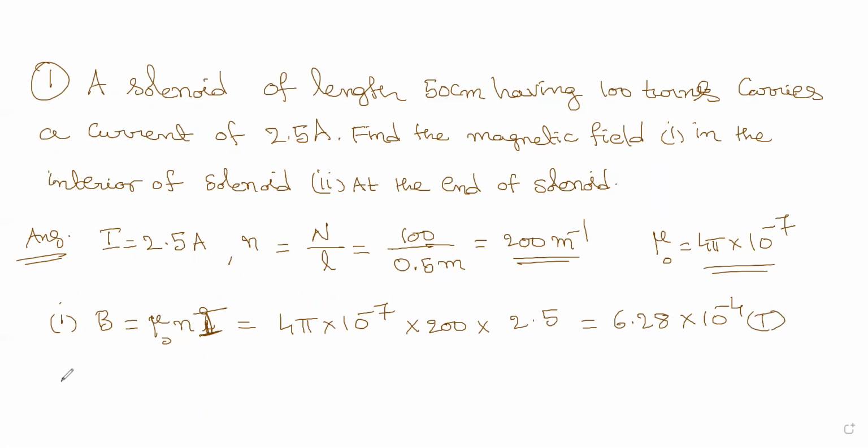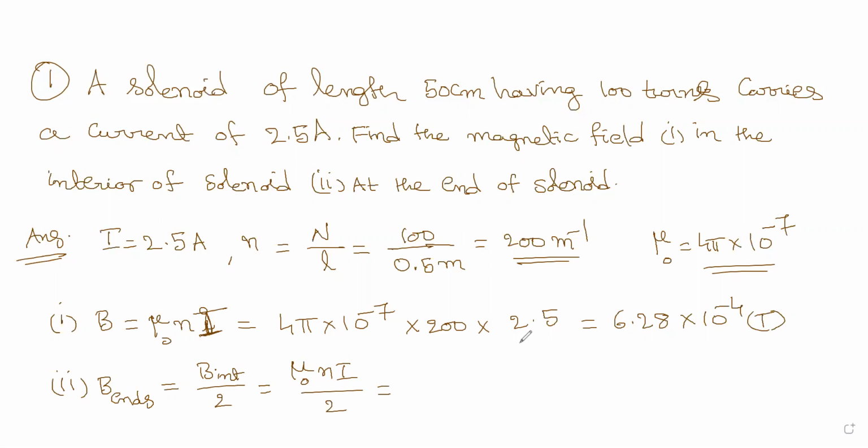That's the answer for you. At the ends of the solenoid, B is B interior divided by 2. This one we can remember, that is mu naught n I whole divided by 2.